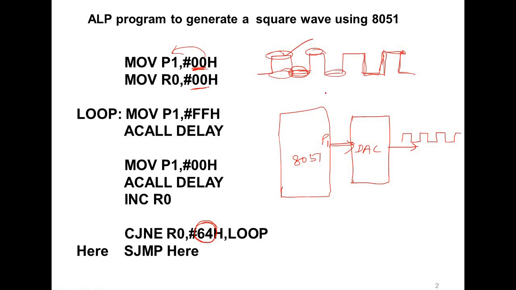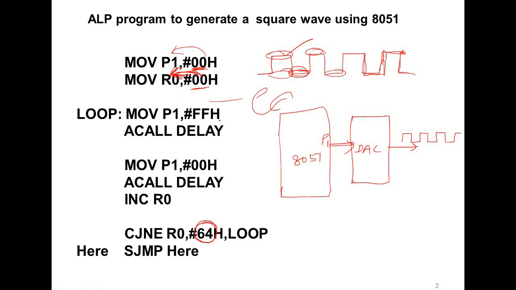So I have chosen one register, the R0 register, which is initialized to 0 because it needs to be incremented up to 64 hexadecimal, that is 100.